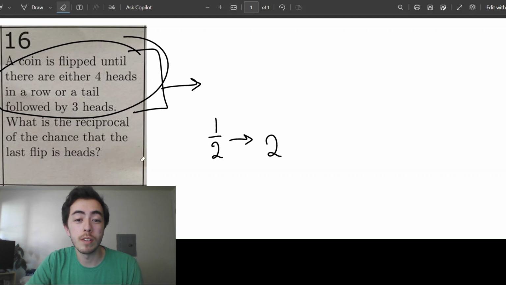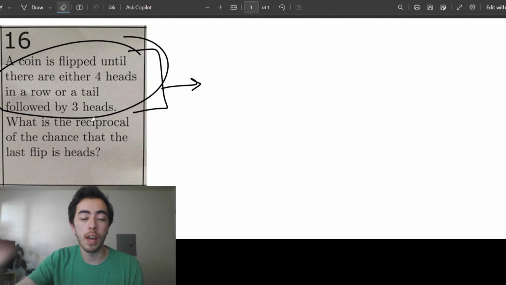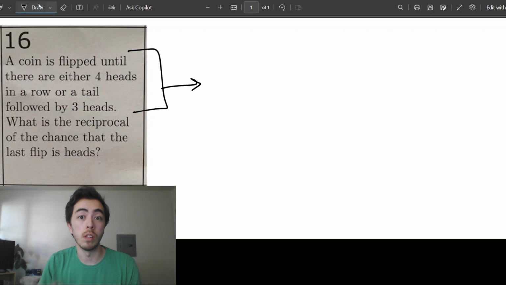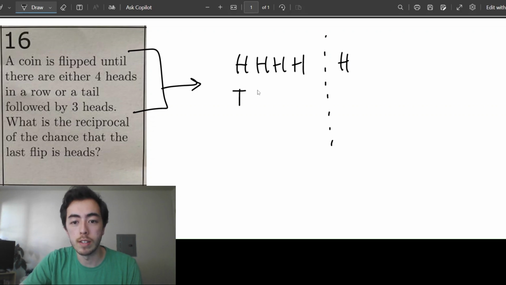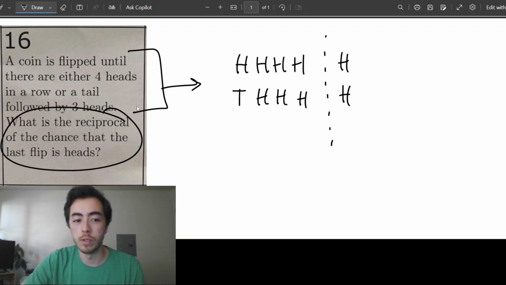What I'm assuming they're talking about, though, is that we have 2 distinct scenarios that we're looking for. We're either looking for 4 heads in a row and then another heads, or we're looking for a tails followed by 3 heads. And then a fourth, actually, because I'm assuming this part of the sentence, what is the reciprocal of the chance that the last flip is heads?